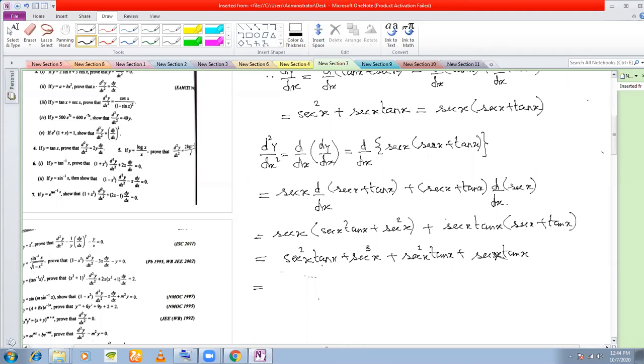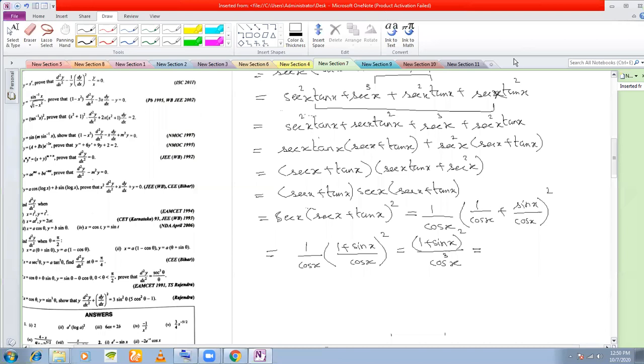Suppose I take, what you do here is that (1 plus sin x) whole square you write as it is, and you get here cos square x into cos x.